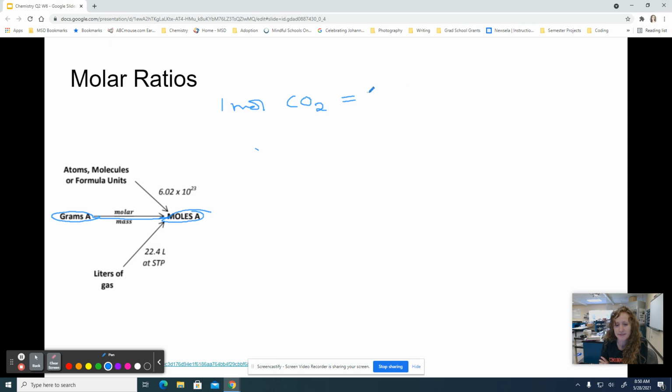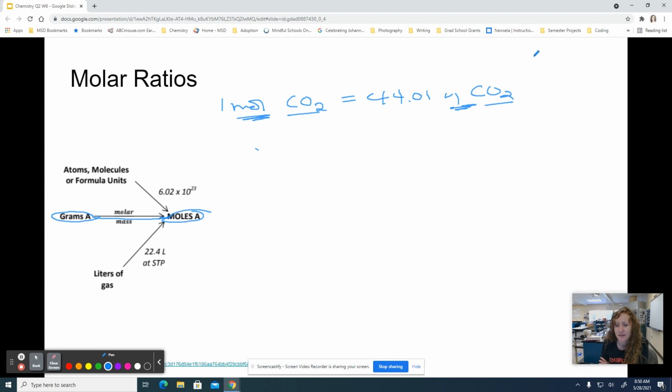So I would write, let's see, 16 plus 16 plus 12.01 would be 44.01 grams of carbon dioxide. So that's my conversion factor. I can convert from moles of carbon dioxide to grams of carbon dioxide.